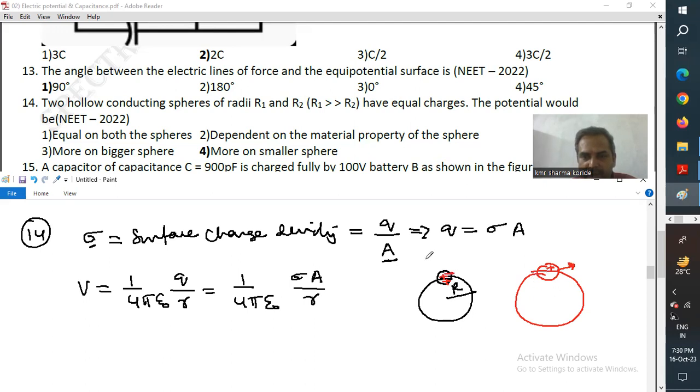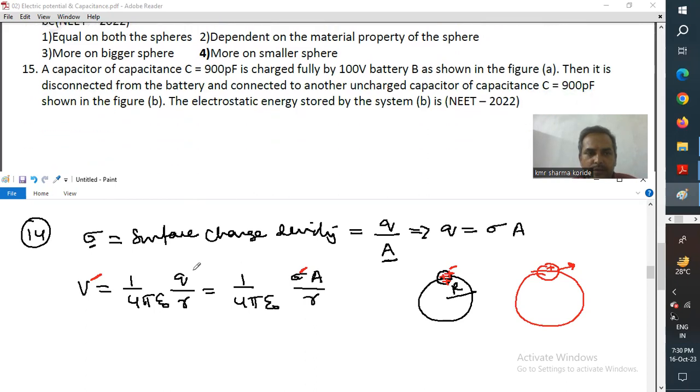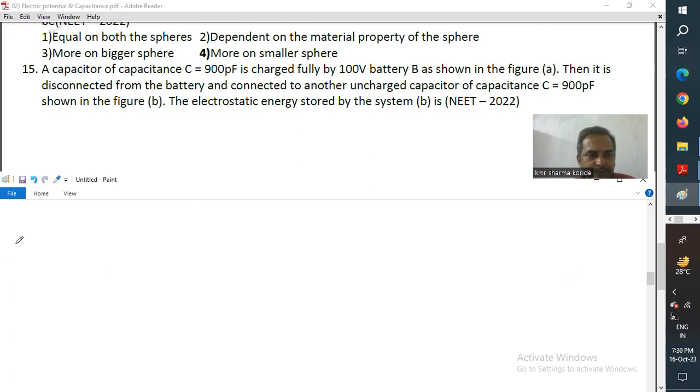Therefore, in the case of the smaller sphere, if you draw the surface area, sigma will be more. Sigma more means potential is more. So therefore, potential is more on the smaller sphere because this particular surface will have more charges. So potential due to the smaller sphere will be more. Fourth option is correct. Moving to question number 15.